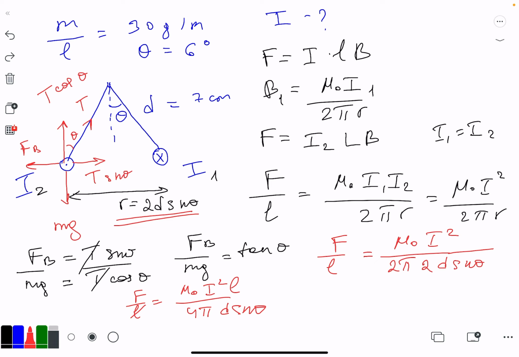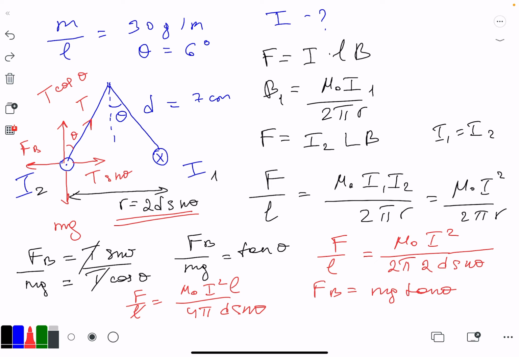Then what is next? We also know that FB is equal to mg tangent theta, correct?